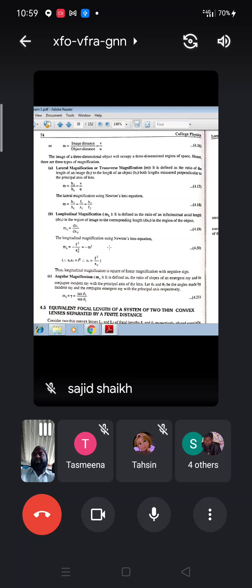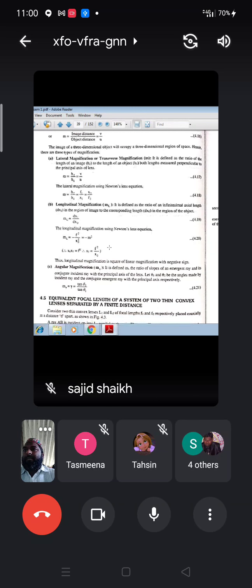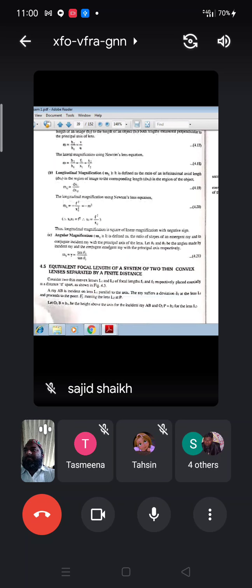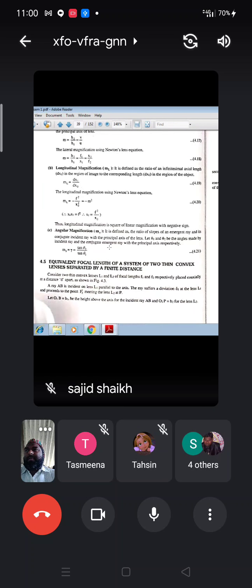Longitudinal is the ratio of the infinitesimal axial length in the region of the image to the corresponding length in the region of the object. Angular is defined as the ratio of the slope of an emergent ray and its conjugate incident ray with the principal axis of the lens. Here it is given, you can see.